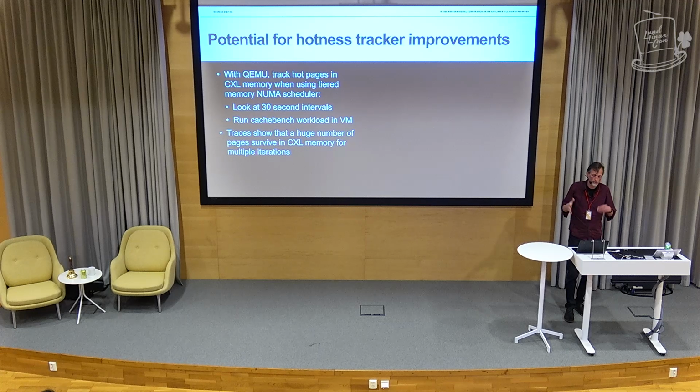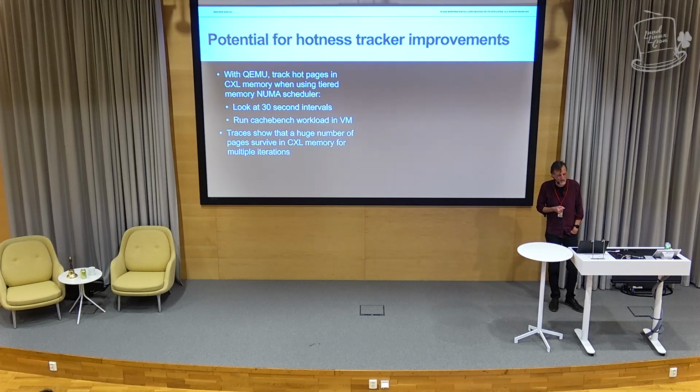You can use QEMU, or modify it, to track actual access patterns to the CXL memory, using a workload like CacheBench again, and just see, are there any pages that look hot but are not promoted out of the CXL memory? Looking at the data, there's a lot of pages not being promoted, so there should be some opportunity here.